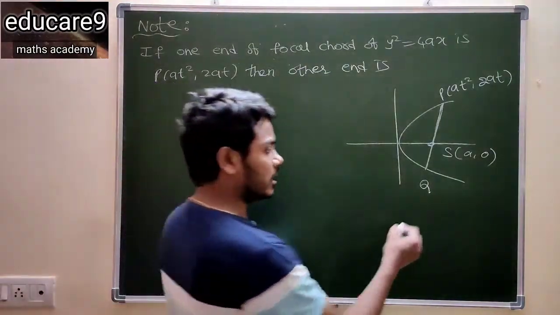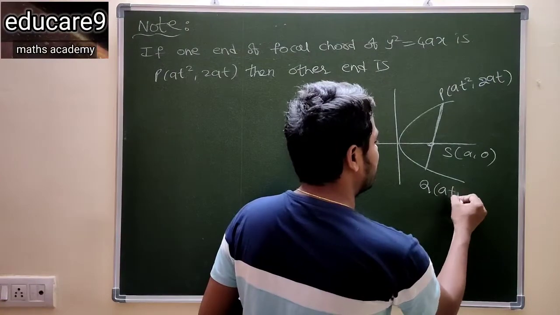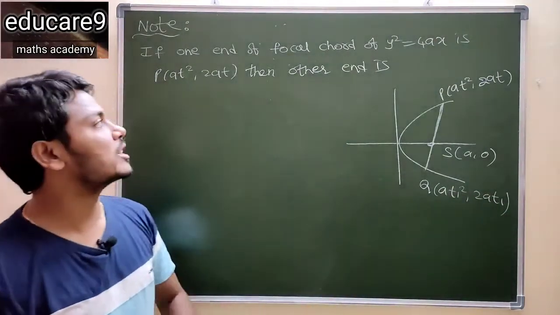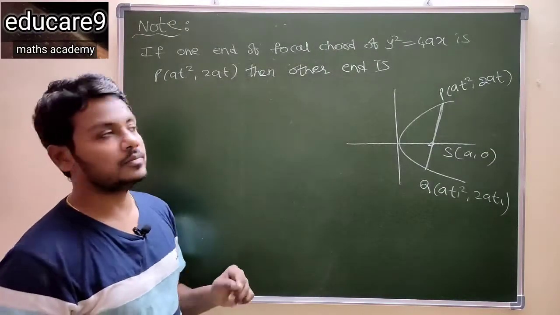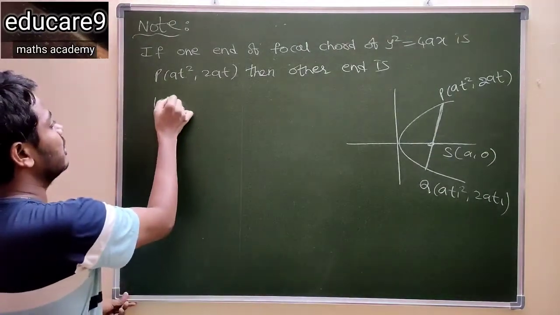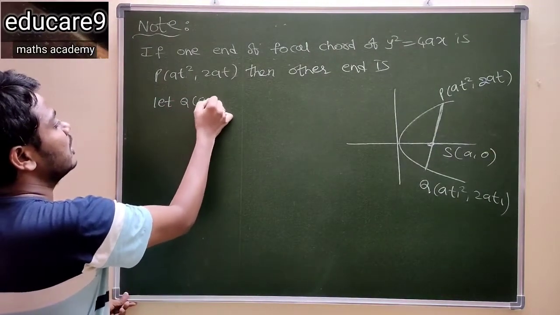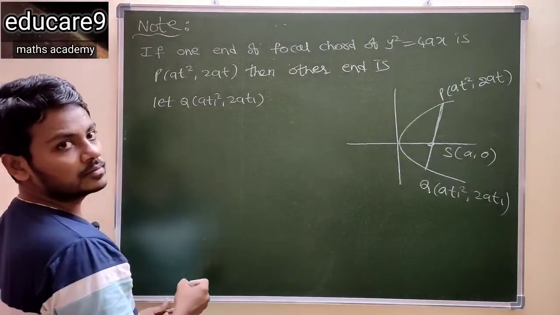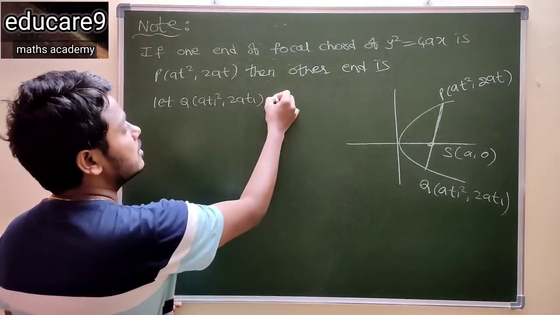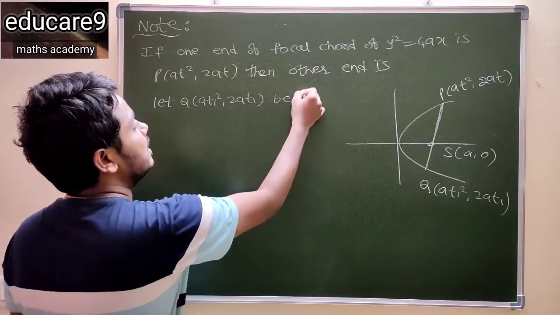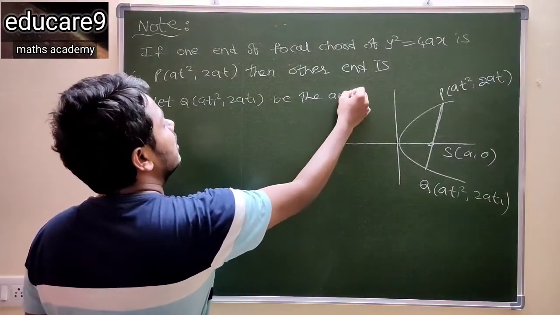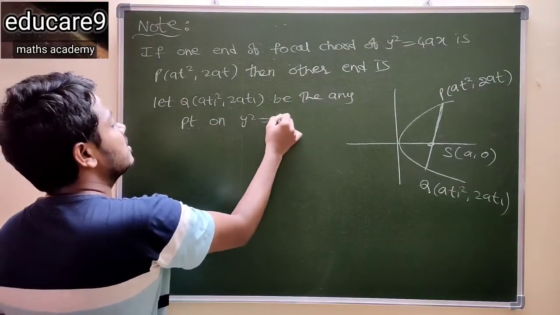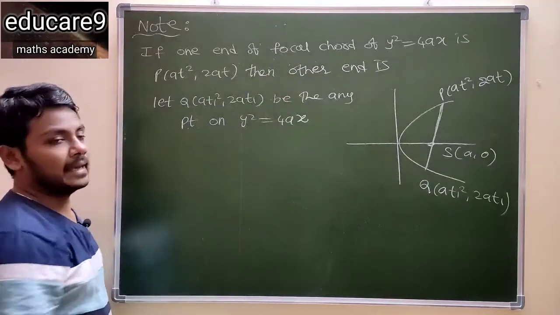So let us consider Q point as (at1², 2at1), because Q satisfies the parabola. So here let Q (at1², 2at1) be any point on y² = 4ax.